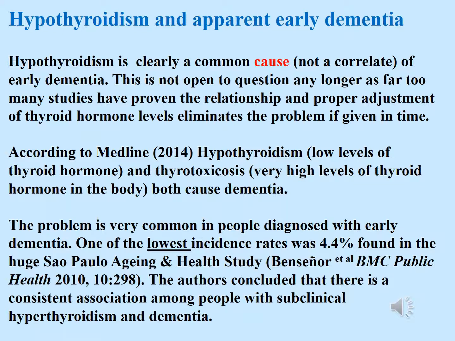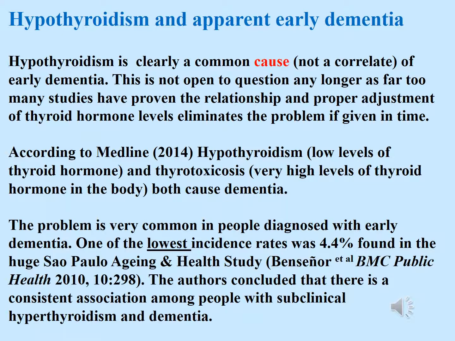According to Medline, hypothyroidism, low levels of thyroid hormone, as well as thyrotoxicosis, very high levels of thyroid hormone in the body, both cause dementia. The problem is very common in people diagnosed with early dementia.